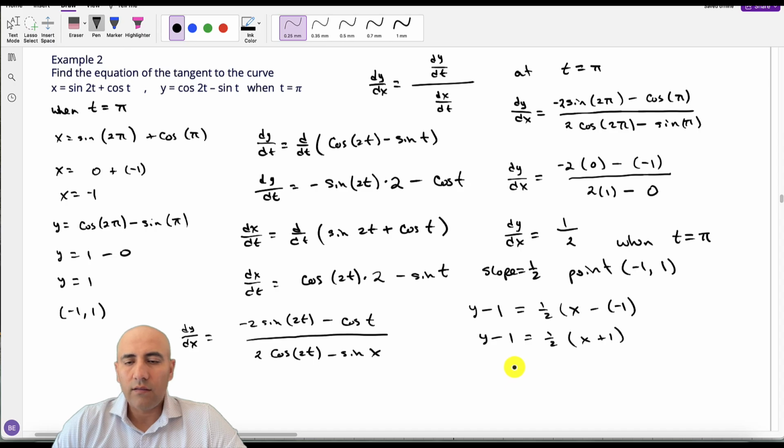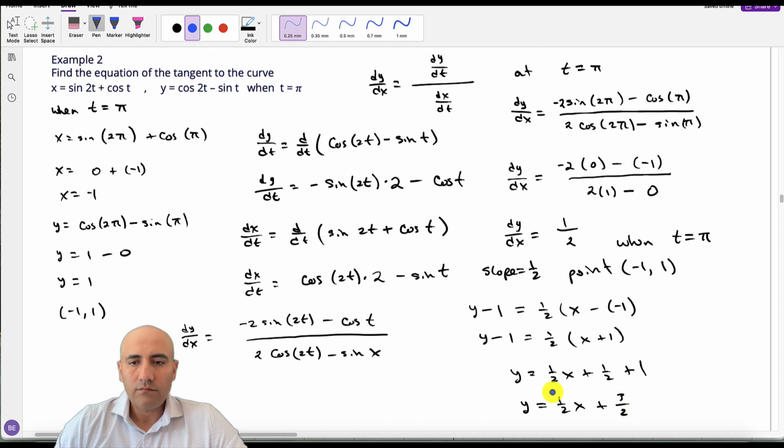Distributing the half and then bringing the minus 1 over, we get y equals 1/2 x plus 1/2 plus 1, giving you 3/2, and there's our answer. y equals 1/2 x plus 1/2, which is 3 over 2. So this is the equation of our tangent line at point negative 1, 1 when t equals pi.